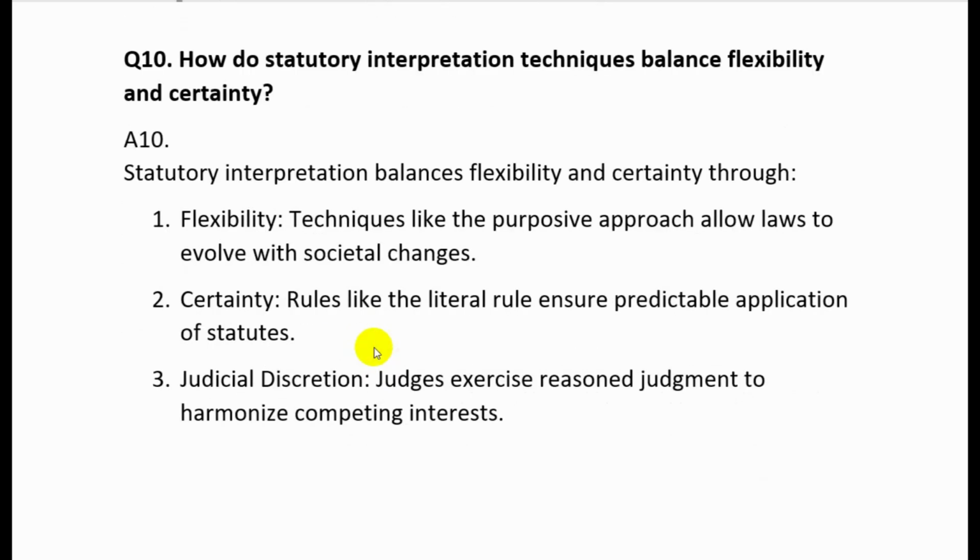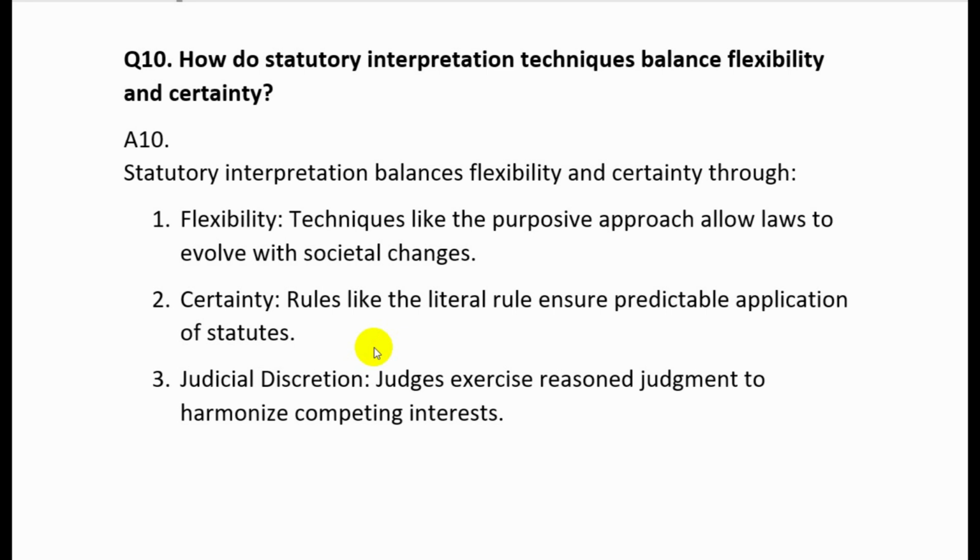Next, how do statutory interpretation techniques balance flexibility and certainty? Now, what is statutory interpretation? This is the interpretation of the laws brought about by the legislature. Now, statutory interpretation balances flexibility and certainty.